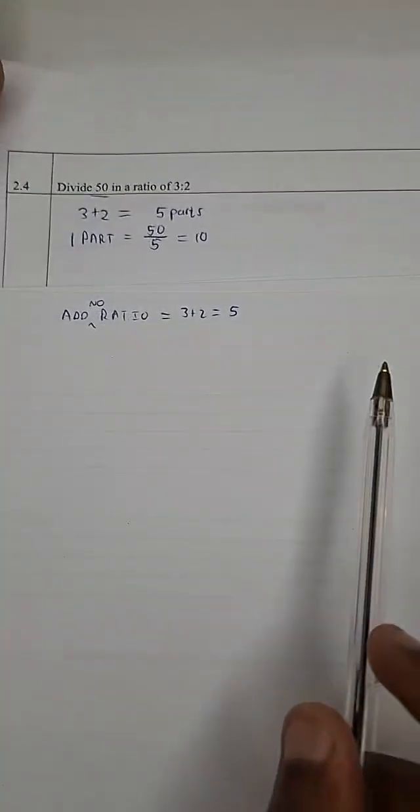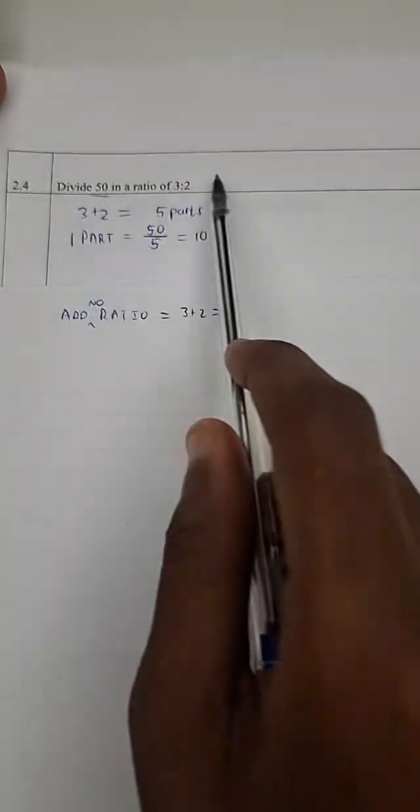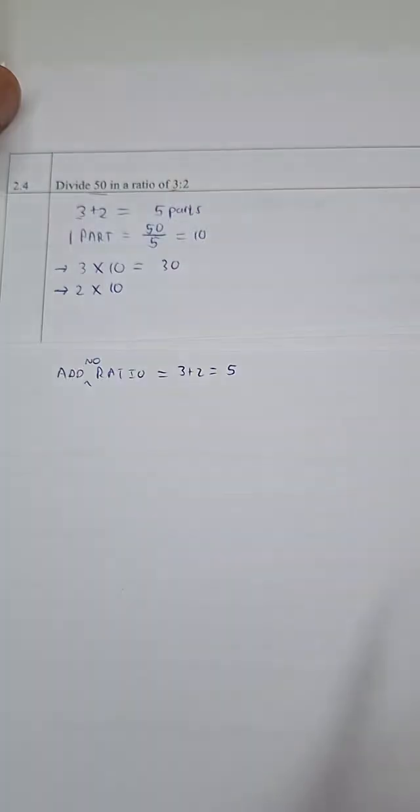But what do we want? We want to know what is the representation of 3 parts, and what is the representation of 2 parts. We know one part is 10.